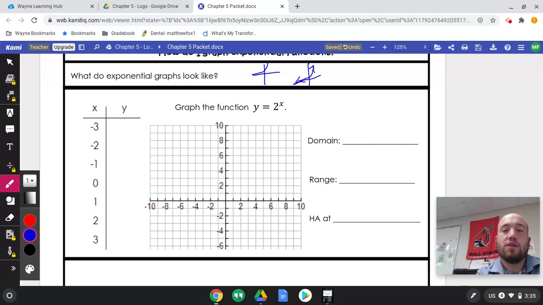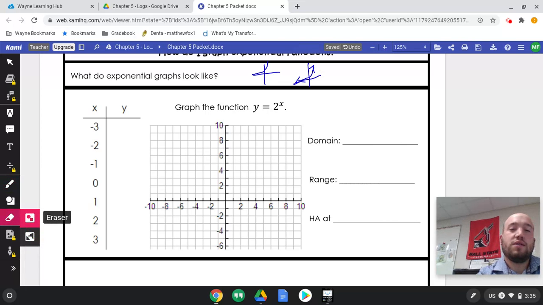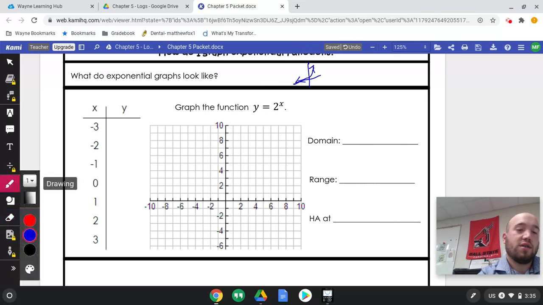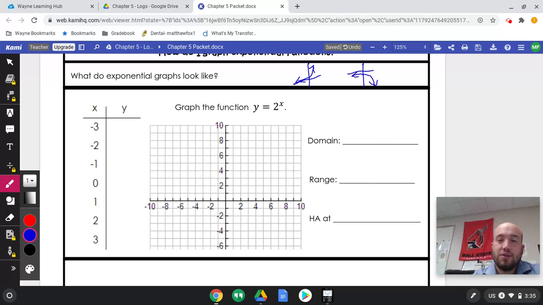Let me put that on a graph like that. Sometimes instead of getting bigger, it's going to go the opposite way; you're going to get smaller. The reason it's called an exponential is because our initial function deals with an exponent, and the x is in the exponent.